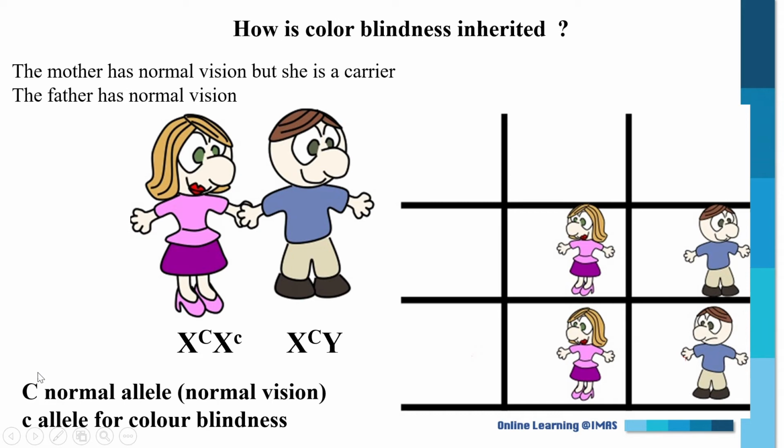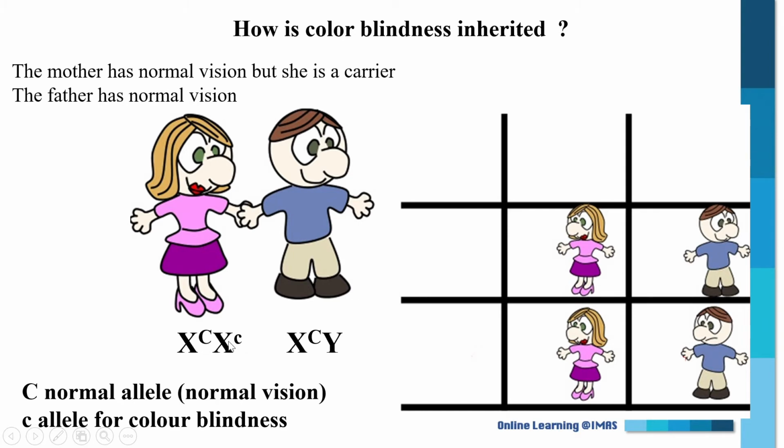Why do we write the normal allele as capital C? Because it's dominant over the other allele. And because it's located on the X, we write the X, and we write the capital C next to it, to show that this gene is linked to X, located on chromosome X.